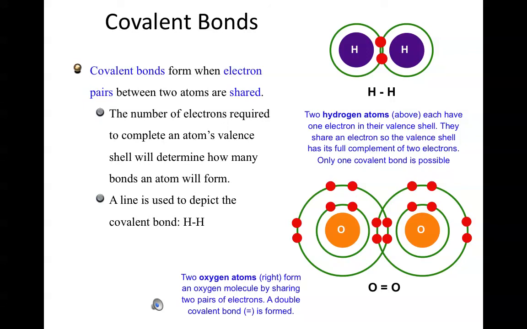If we draw a single dash between the letters for the different elements, that's simply a scientist's abbreviation for a single covalent bond. If we draw 2 lines, like an equal sign, between the 2 abbreviations for the different elements, that's a chemist's abbreviation for a double covalent bond.